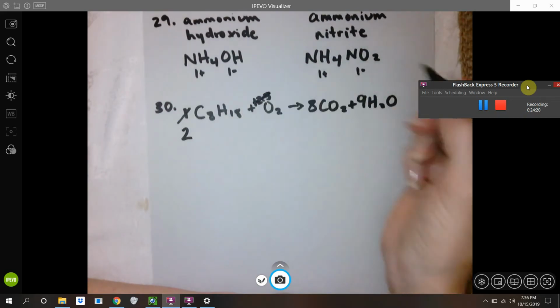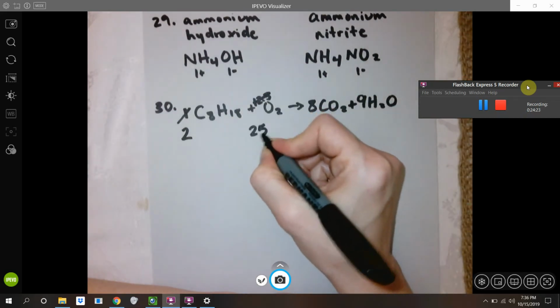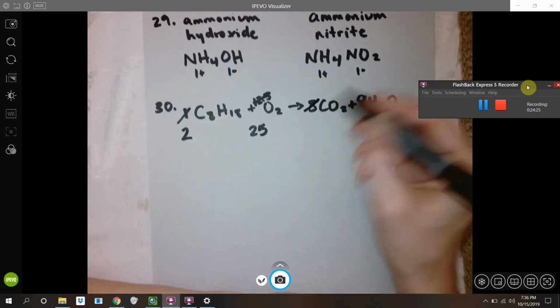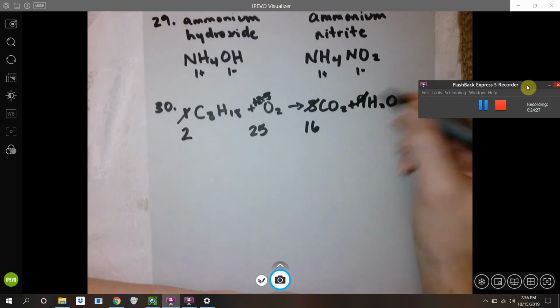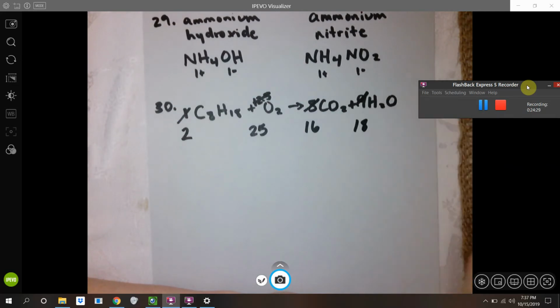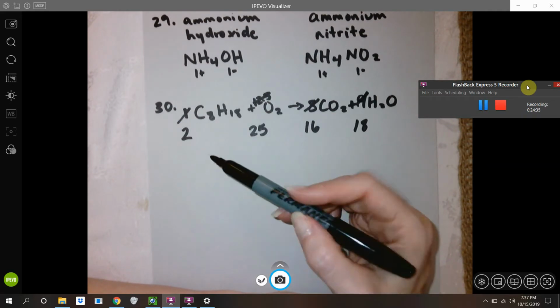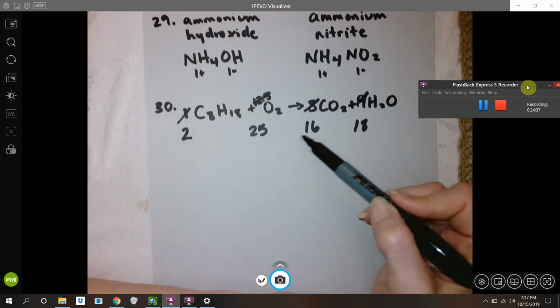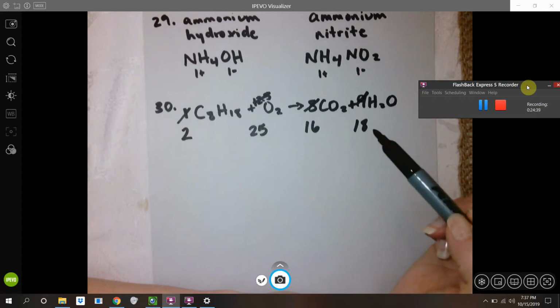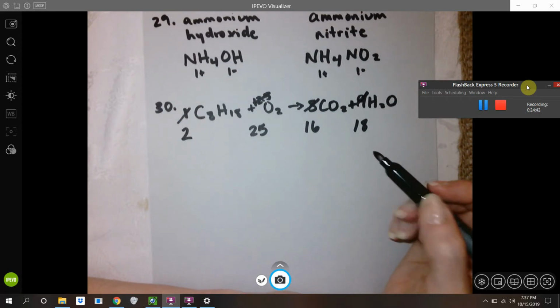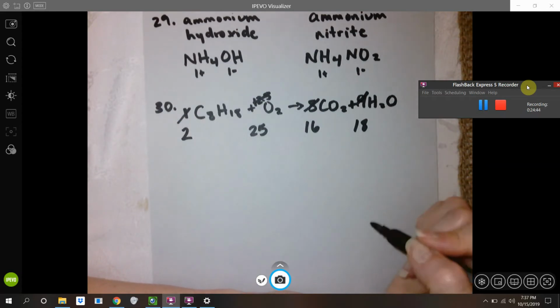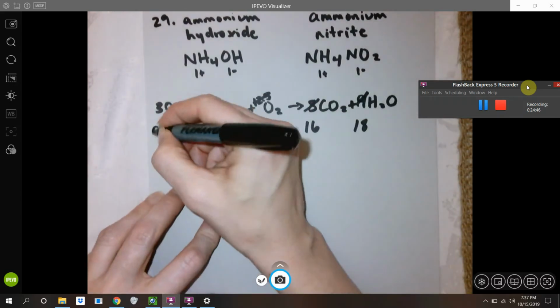Then we'll double our 12.5 to get 25, and then we'll double our 8 to get 16, and double our 9 to get 18, and we should be all set. Notice there is no number we can divide evenly into all of these coefficients, so we know that we have the simplest balancing possible. So this was A, 30A.